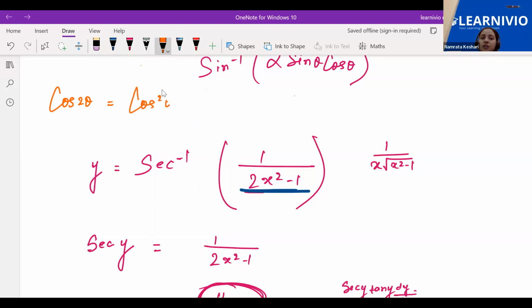First one is cos square theta minus sin square theta. Yes or no? Okay. Next one is 1 minus 2 sin square theta. Right? Next one is 1 minus tan square theta by 1 plus tan square theta. What about this formula, 2 cos square theta minus 1? Is it there?